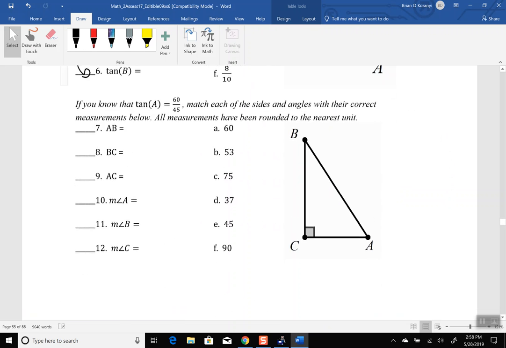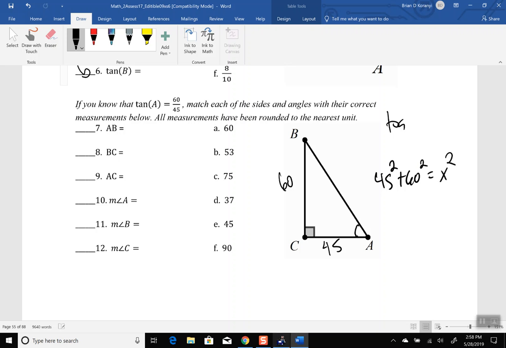If you know that tangent of A is equal to 60 over 45, match the other things. So here's A. Tangent is TOA, so opposite over adjacent. So the opposite of A must be 60. The adjacent must be 45. And if I want to do my Pythagorean theorem, I know 45 squared plus 60 squared equals the hypotenuse squared.